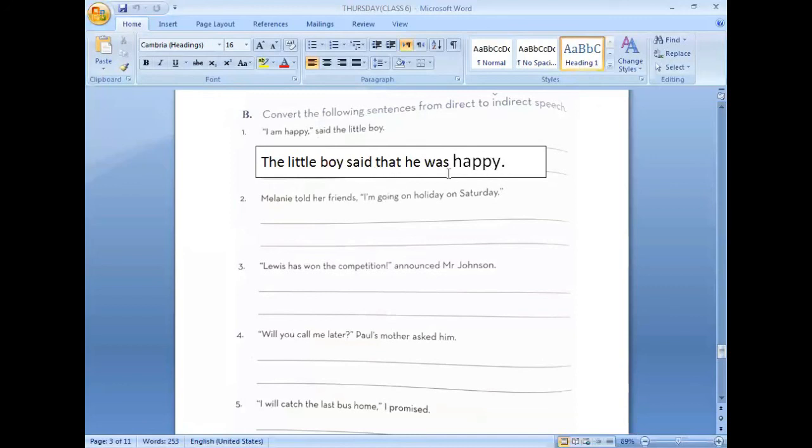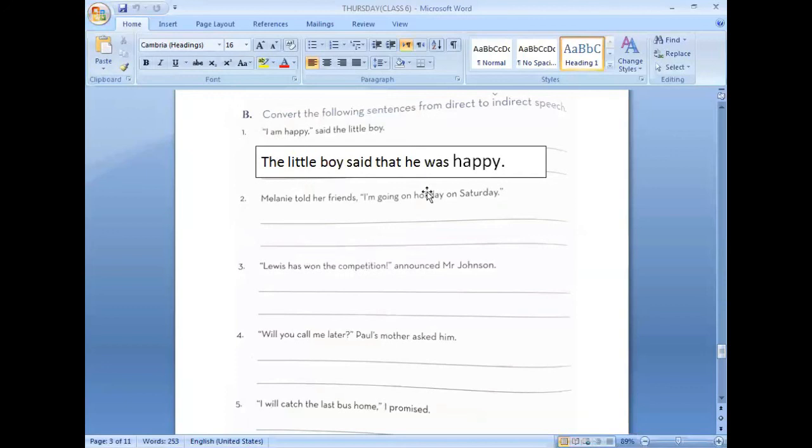And change of tense and change of pronoun takes place. Change of tense: am is present tense. You change present tense into past tense. So am changes to was. And I is a pronoun that changes to he because it is a boy.